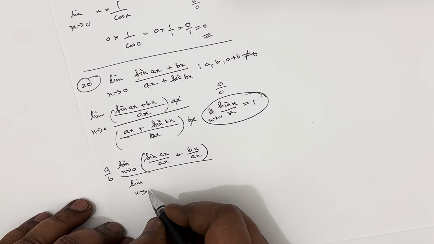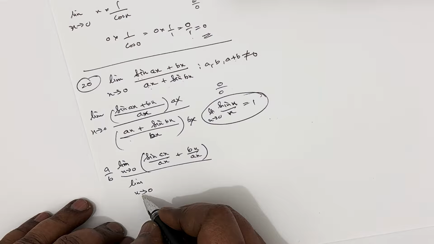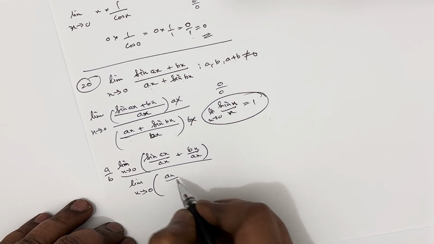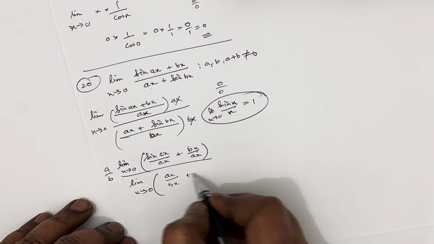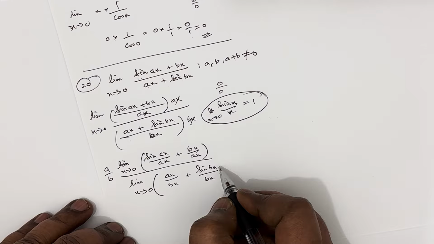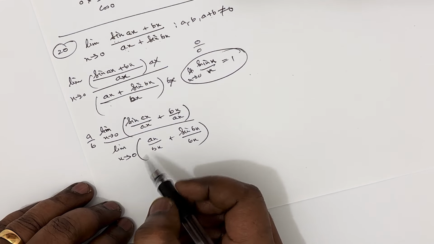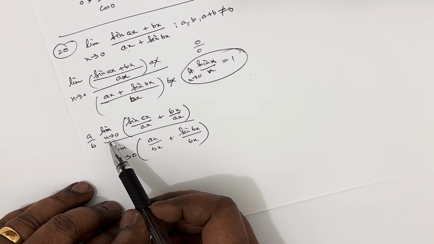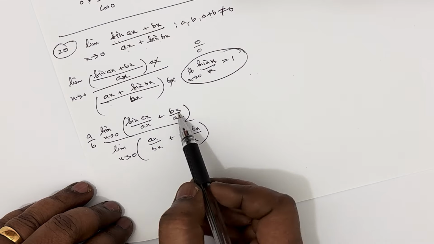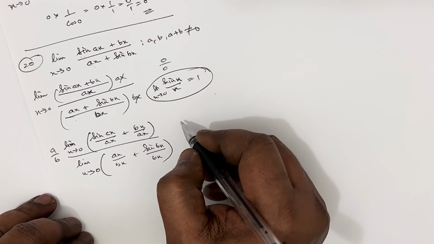Limit x approaches 0. Now this becomes ax upon bx plus sine bx upon bx. Now let's take the limits and give it to both of them, splitting it inside. We have a theorem for that also.